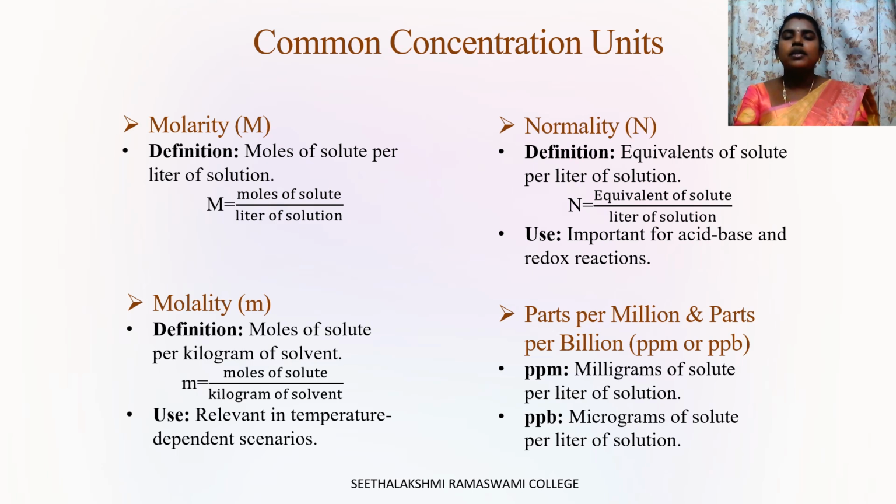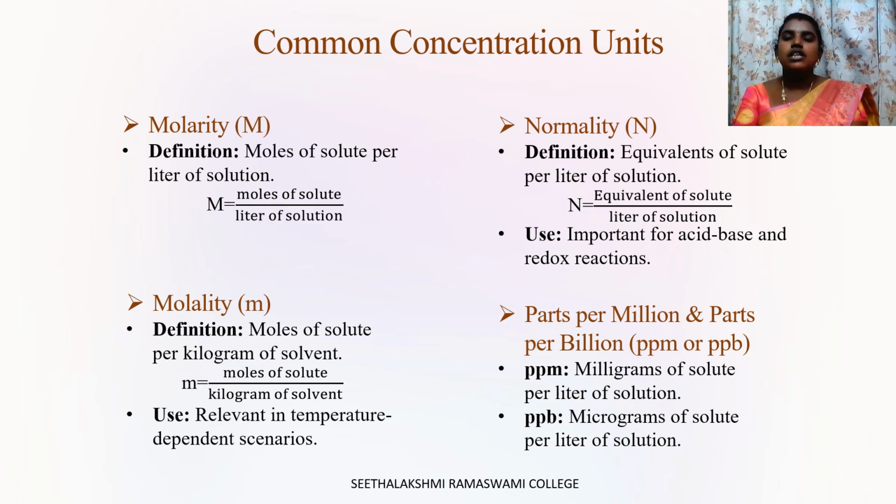Some common concentration units used for volumetric analysis are molarity, normality, molality, parts per million and parts per billion. Molarity means moles of solute per liter of the solution. It is usually indicated by the capital letter M. The formula for molarity is moles of solute divided by liters of the solution.